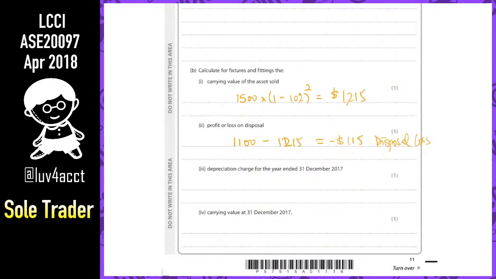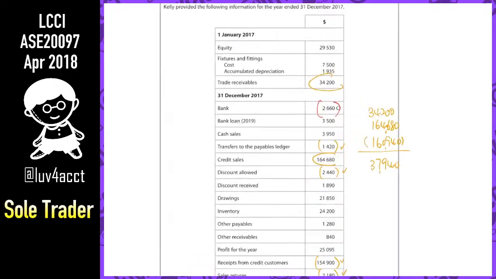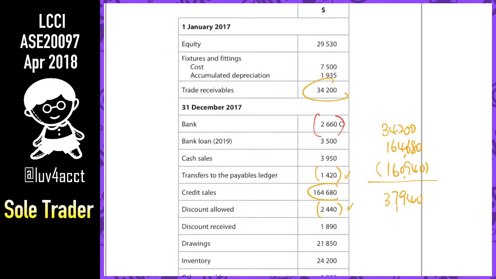Depreciation charge for the year, carrying value at year end. The cost will be deducted by 1500, and then minus 285. Yes, 285.